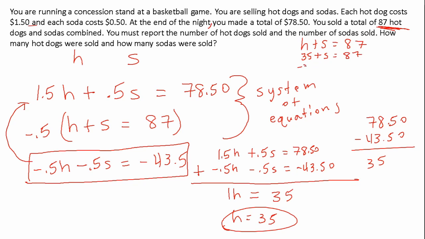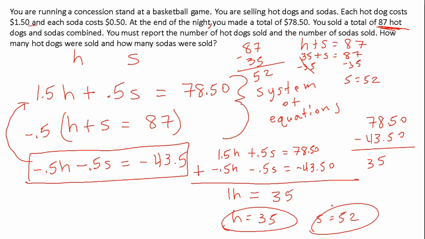Solving for S now, we're going to subtract 35 from both sides. 87 minus 35: 7 minus 5 is 2, 8 minus 3 is 5. So we know S is equal to 52. In other words, there were 35 hot dogs sold and 52 sodas sold.